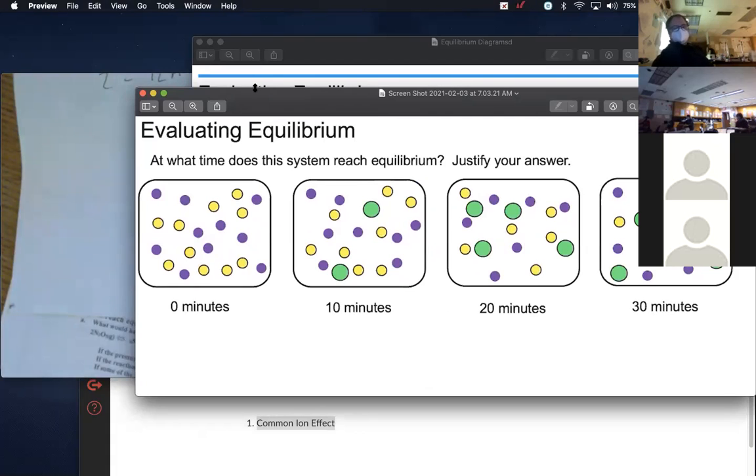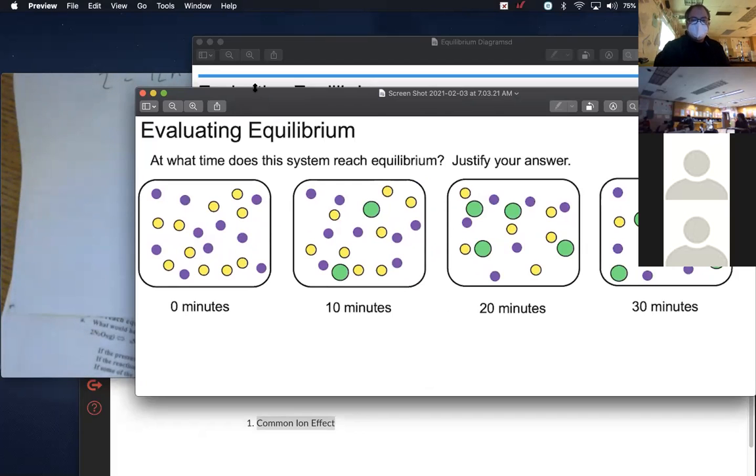At what time does the system reach equilibrium? Justify your answer. What would you be looking for here? They give you the information at 0 minutes, 10 minutes, 20 minutes, and 30 minutes. You'd be looking for a consistent ratio. Exactly. So you would make products over reactants, or basically you don't even need a formula.